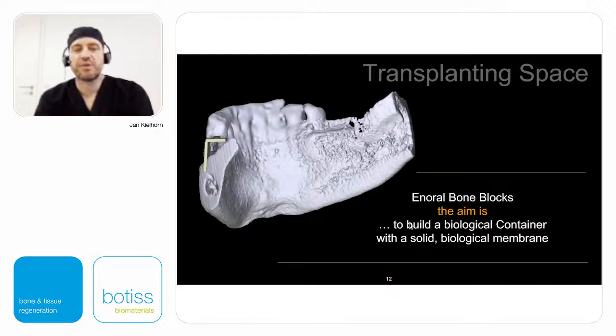And therefore, because you have got a container which is filled with blood and it's filled with particles, target cells, you will have a full renovation of that container. And when you open that up and you have a very solid container, which you see when you place your implant, you can be sure that this will be vital bone, because otherwise this would have not been reconstructed.